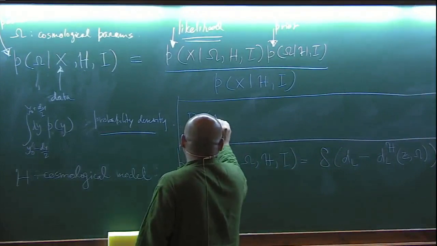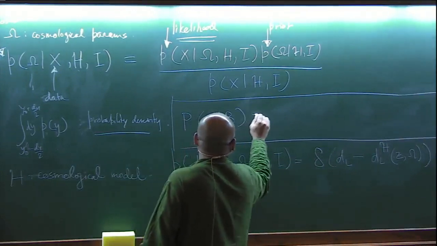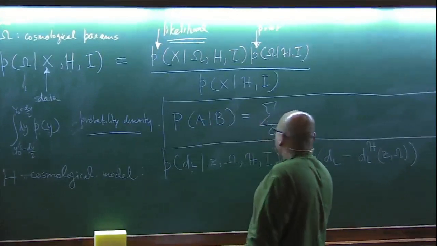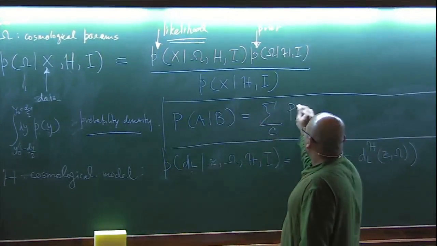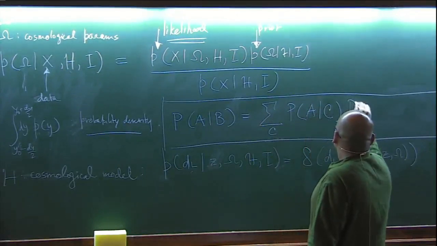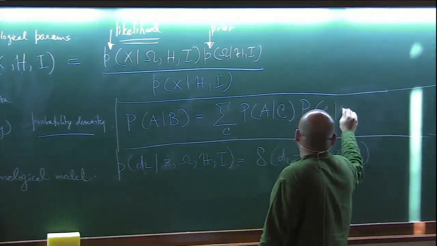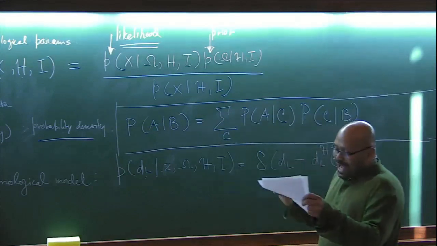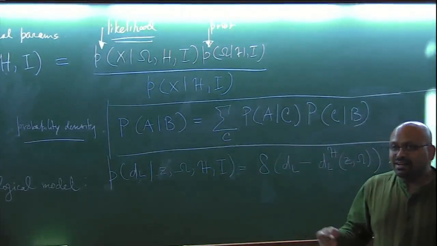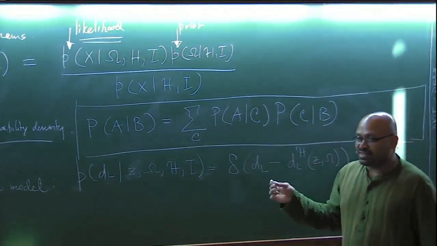Probability of A given B is the sum over all possible values of C, probability of A given C times probability of C given B, where C is an exhaustive set of mutually exclusive events.